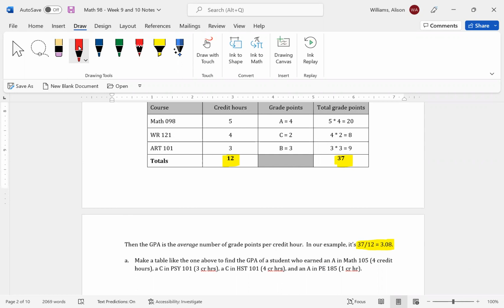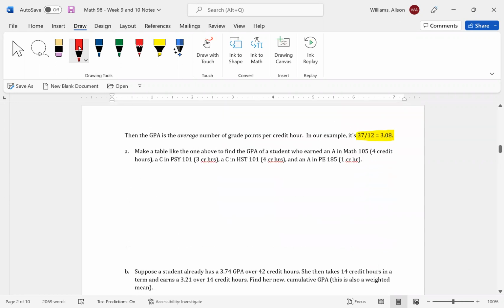Okay, so let's try this on an example. Let's make a table. And let's find the GPA of a student who earned an A in Math 105, a C in Psych 101, and a C in History 101. Oh, and an A in PE 185. Okay, so let's go ahead and create the table just like they did. My table is not going to be perfect because I'm freehanding it. So here we go.